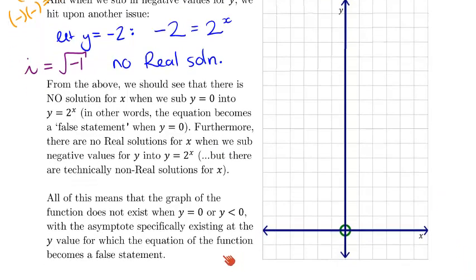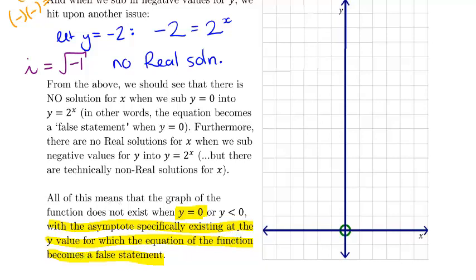All of this means that the graph of the function does not exist when y equals 0 or when y is less than 0. In other words, when y is 0 or when we have negative values for y. With the asymptote specifically existing at the y value for which the equation of the function becomes a false statement. Super important thing over there, guys. The asymptote for exponential functions exists at the y value that makes the equation a false statement.